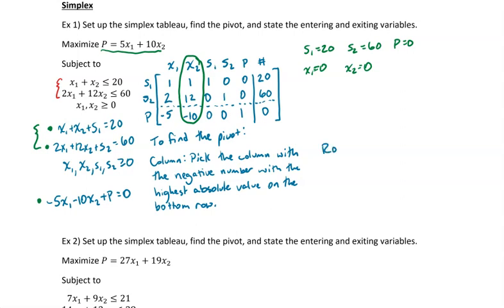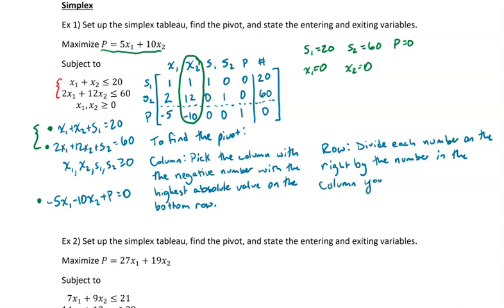Next up, the row. Divide each number on the right by the number in the column you just picked. Pick the row with the smallest result.